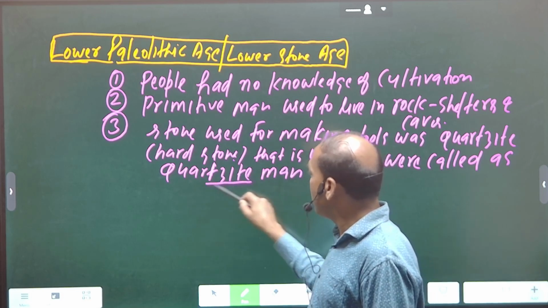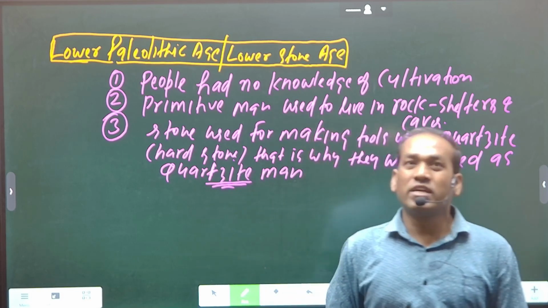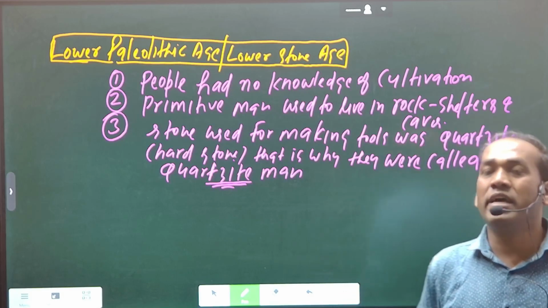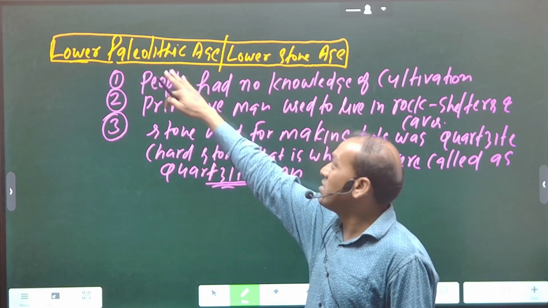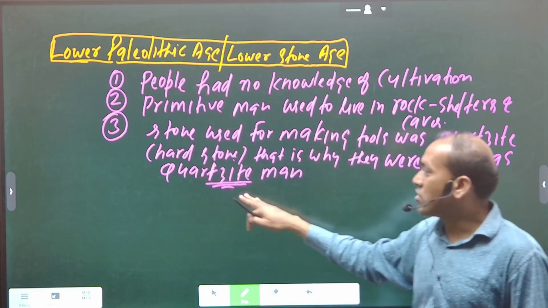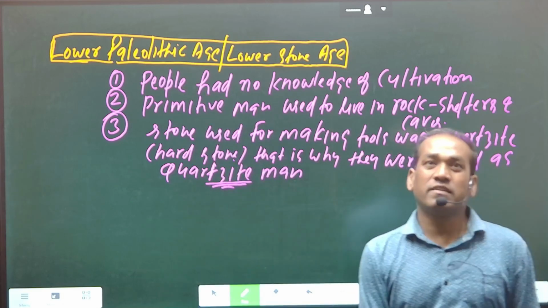So this is very important. Okay, who were called as quartzite man? So the people of lower Paleolithic age were called as quartzite man.